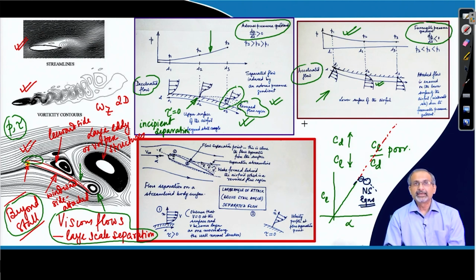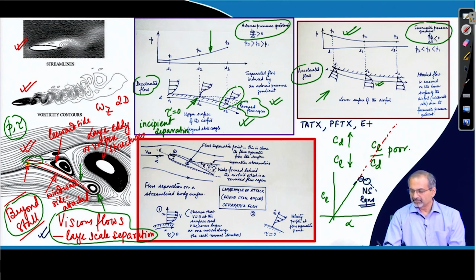So, we are negating most of the models in order to capture a physics of this kind. That means, thin airfoil theory cannot capture it, potential flow theory cannot capture it, because the flow is highly rotational.